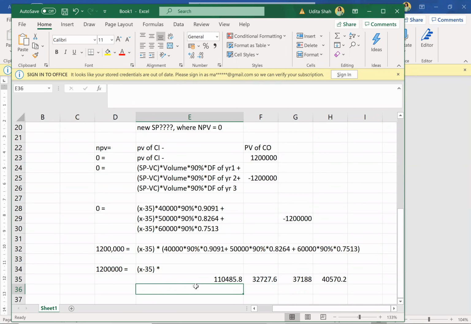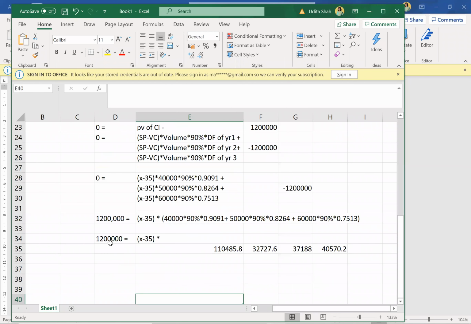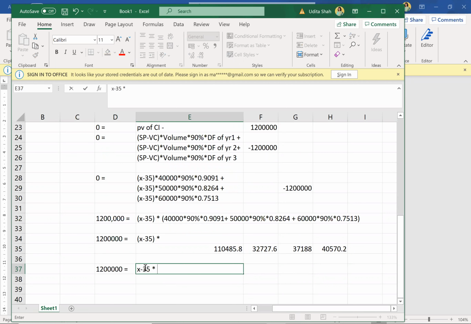Correct? Okay. So therefore 1.2 million should be equal to what? Should be equal to x minus 35 into 110,485.